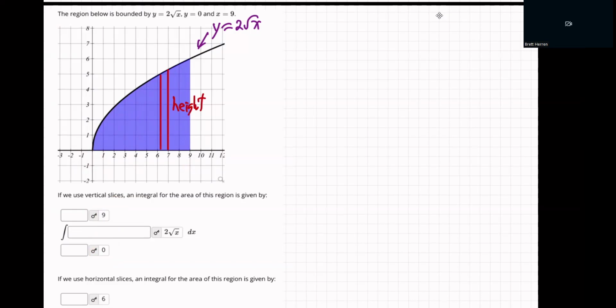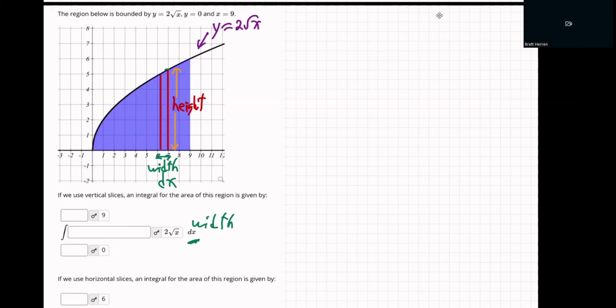The height of the rectangle is that. And the width of the rectangle is that. So the width is the dx. That's the dx right there. That's the width. And what's the height?